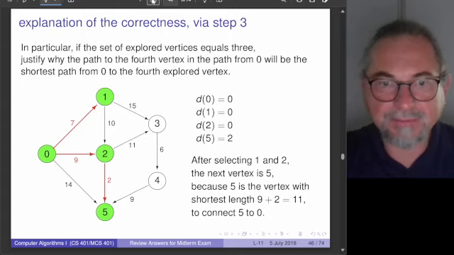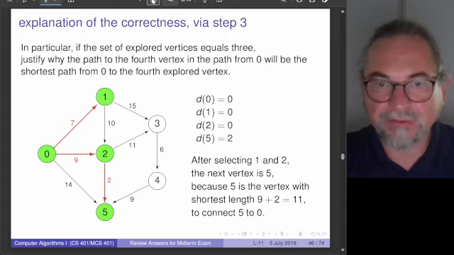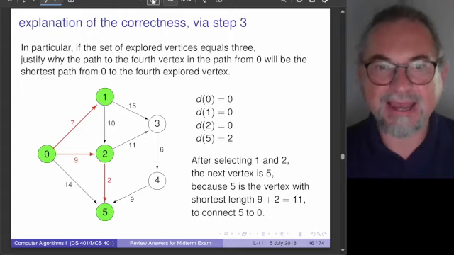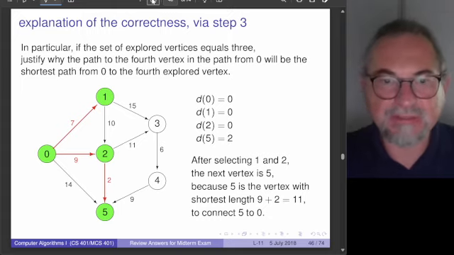So in step 3, we have already selected vertices 0 and 2. Why is the next vertex 5? Because it is the shortest length, and that is 11. So 11 should have been the value that is added in that vector of distances.